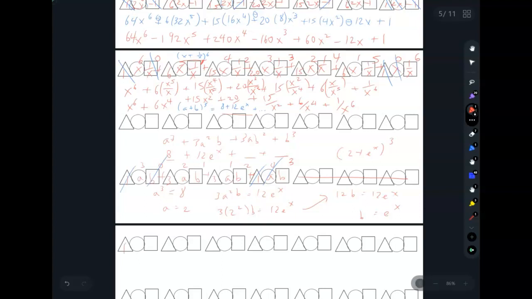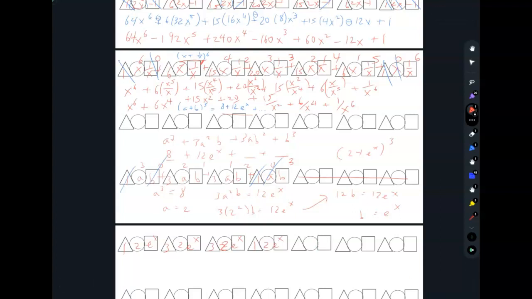Well, that's easy. All we need to do, now that we know both a and b, is to expand it out, right? So the first term is 2, and the last term is e to the x. Now this is a weird b term, right? But you know, you could just put whatever you want to in there.